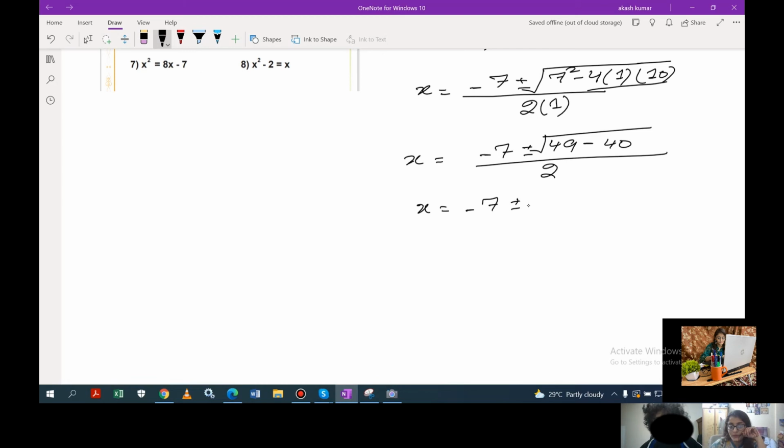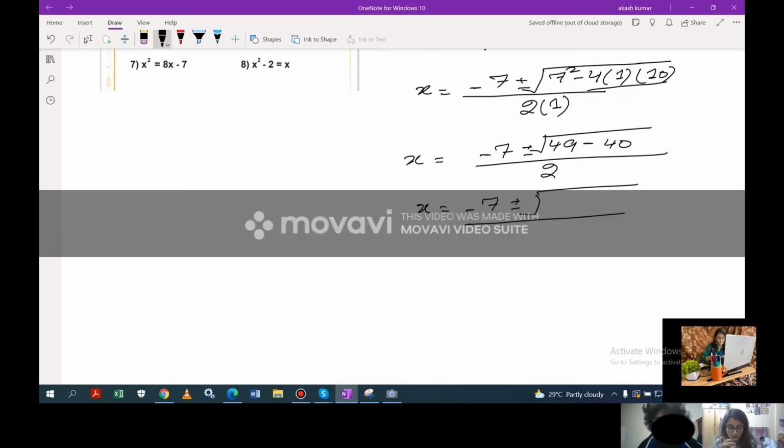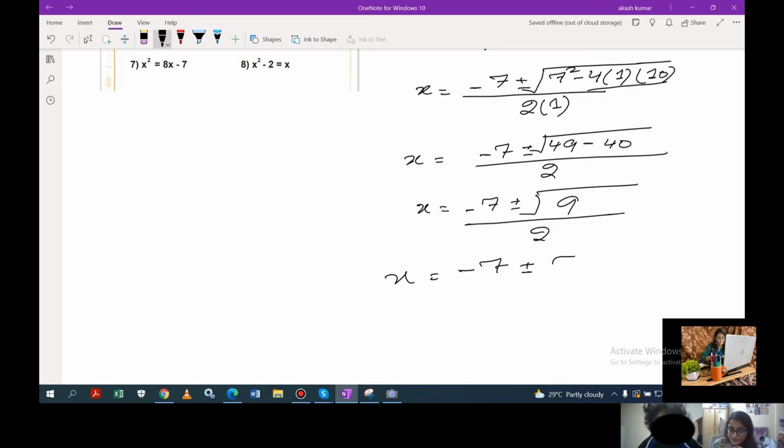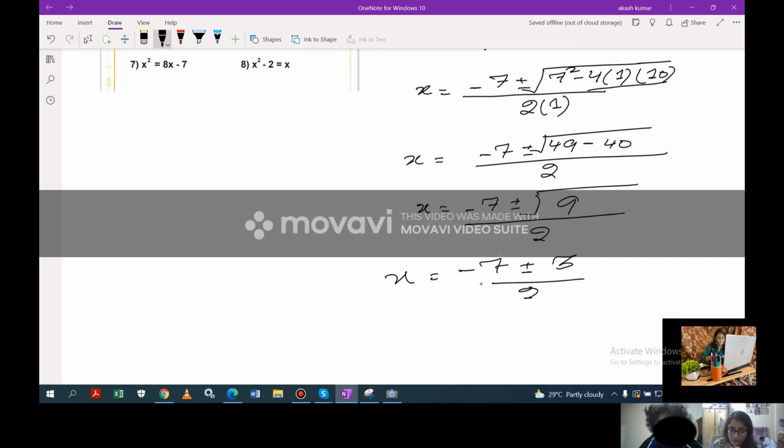x equals minus 7 plus minus the square root of 49 minus 40, which is 9, over 2. The square root of 9 is 3, over 2.